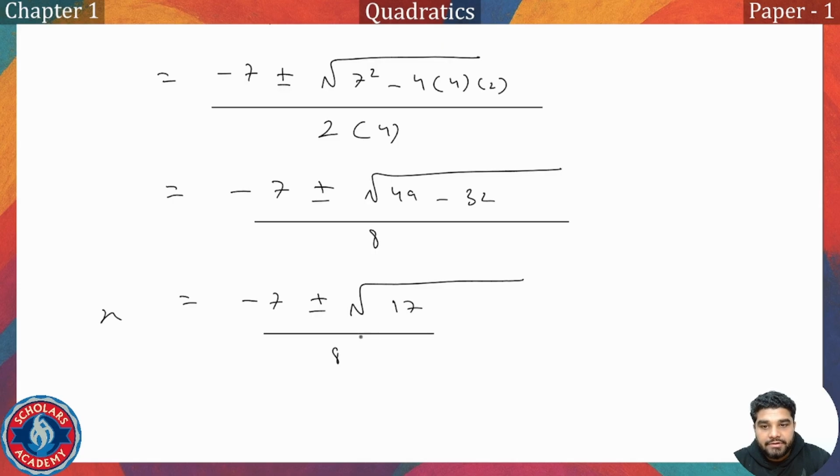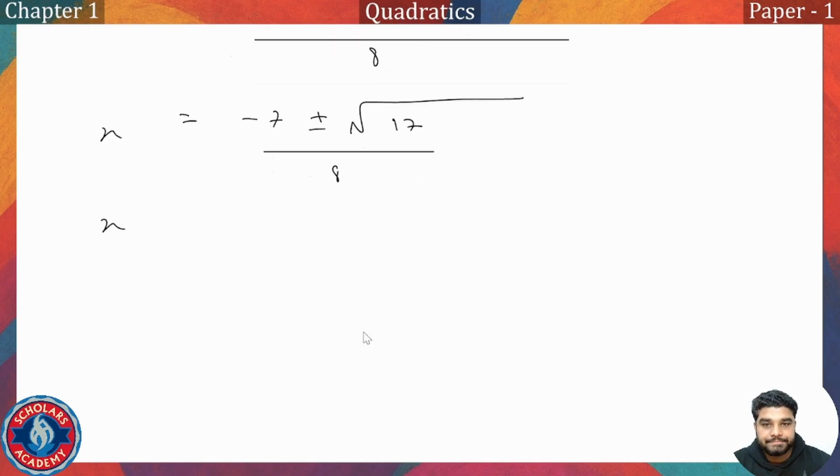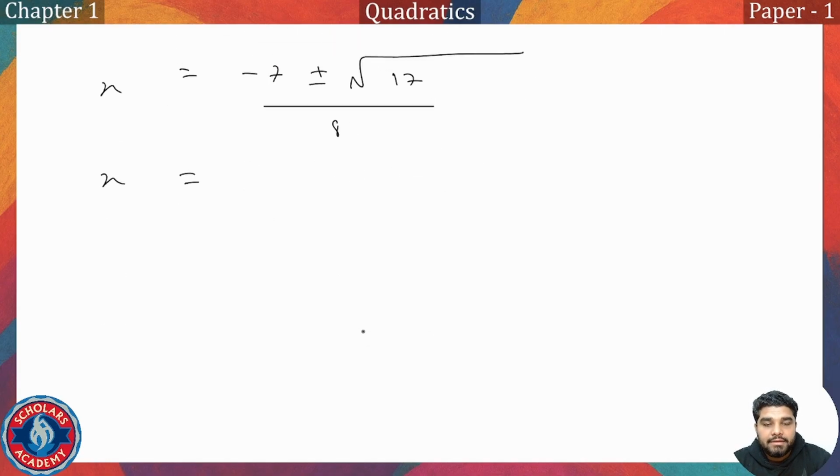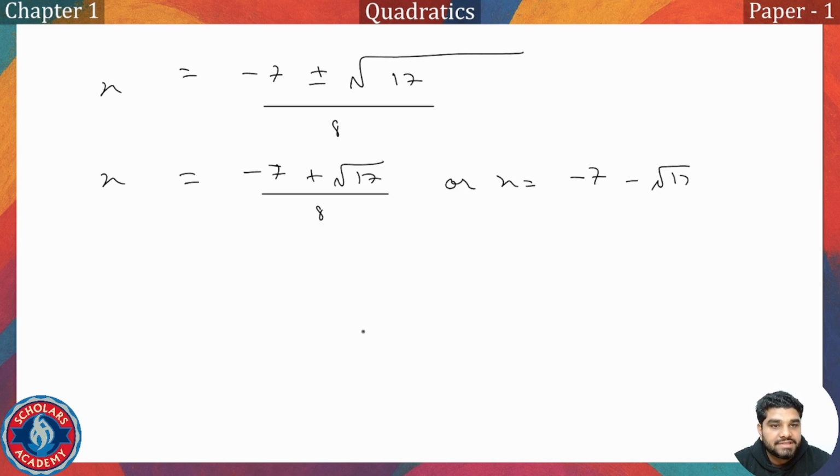So one value for x is negative 7 plus root of 17 by 8, and the other value of x is negative 7 minus root of 17 by 8.